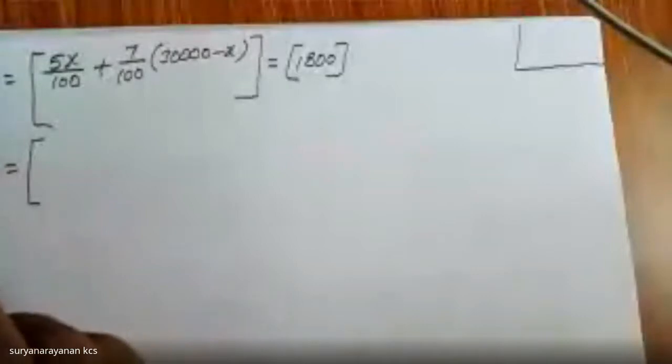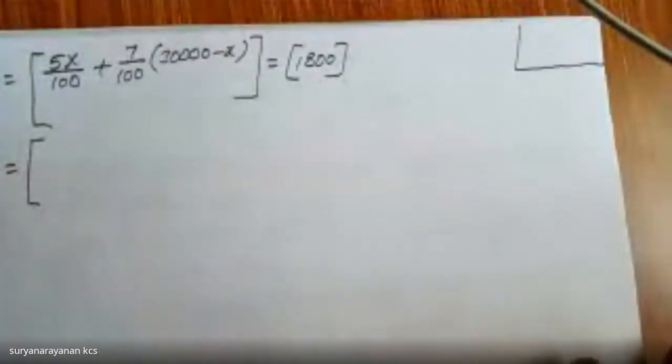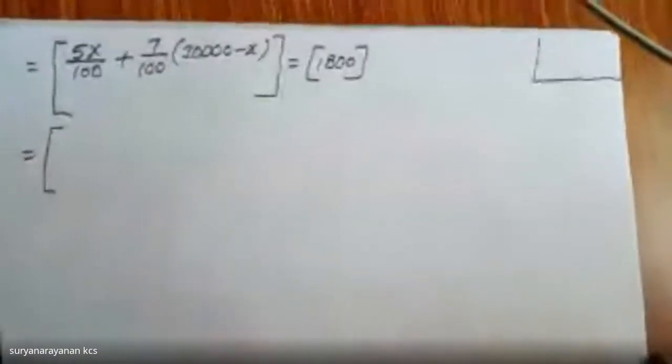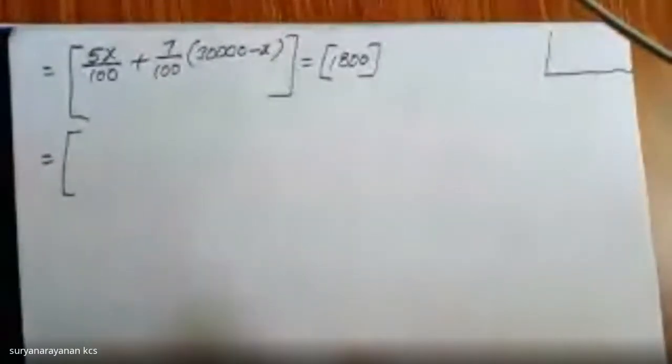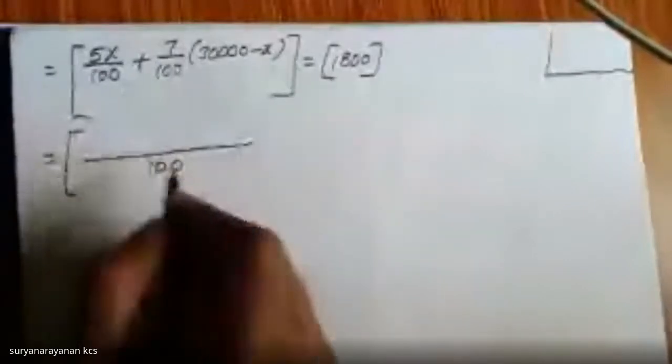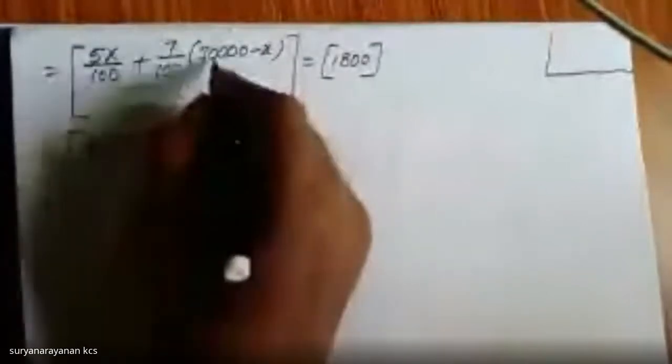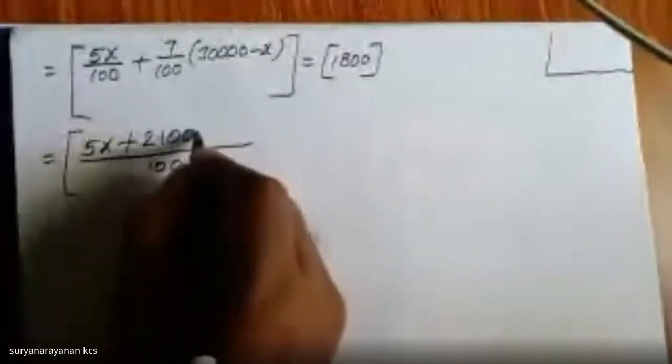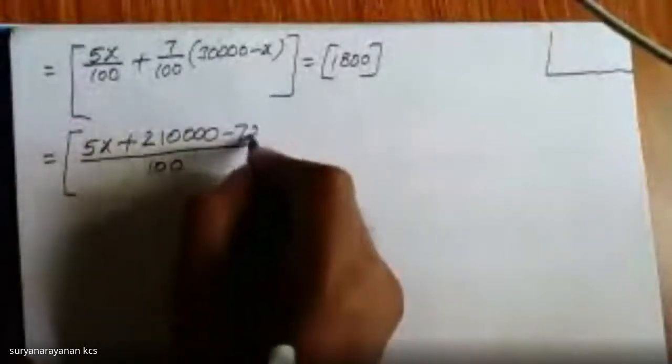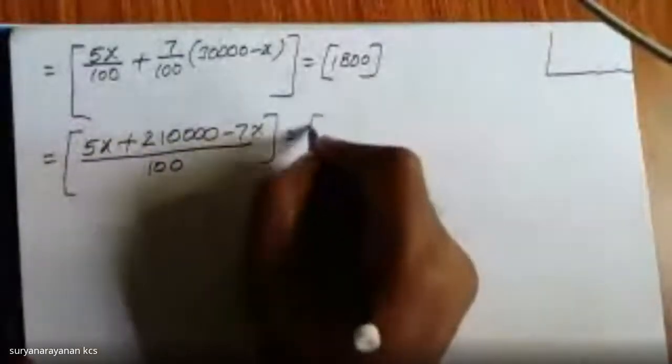Instead of solving this question algebraically, here we are using matrices. That's all. So here the LCM is 100: 5x plus 21 with four zeros, minus 7x, is equal to 1800.